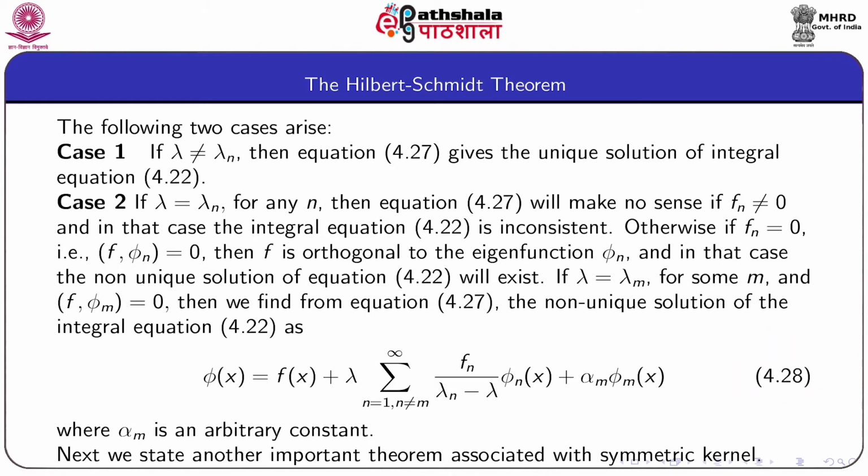Here alpha m is an arbitrary constant. So this gives the non-unique solution of the given integral equation 4.22.